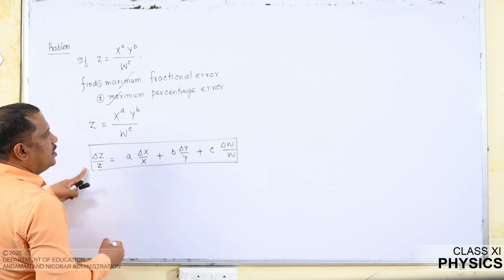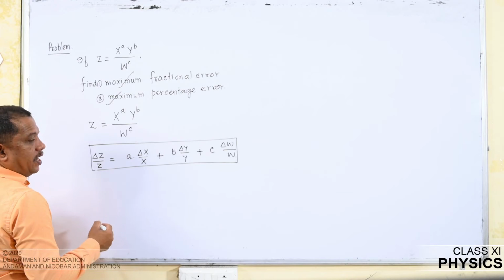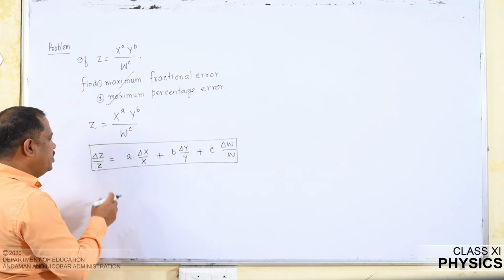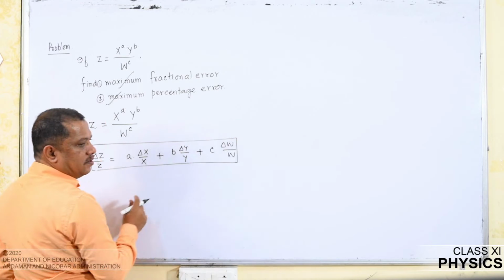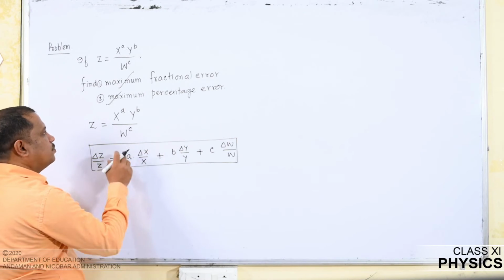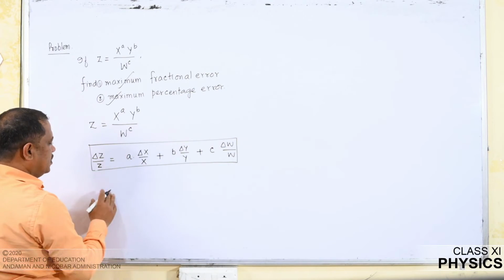Then I am asked to calculate the maximum percentage error. We have already studied the concept that when you calculate the fractional error, if you multiply this fractional error with 100, then you will express it in terms of percentage error.